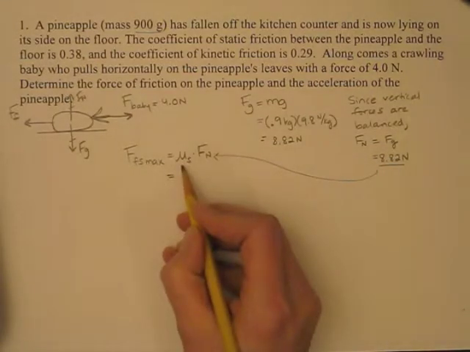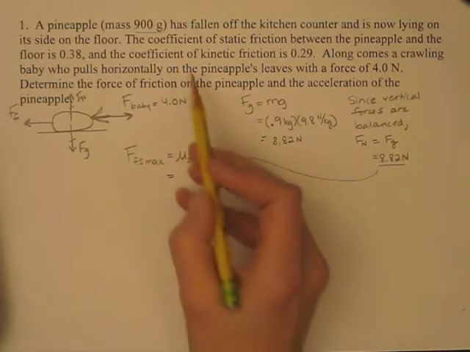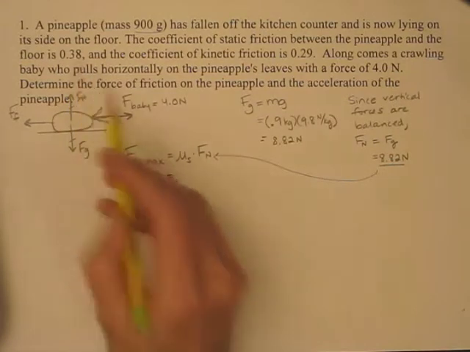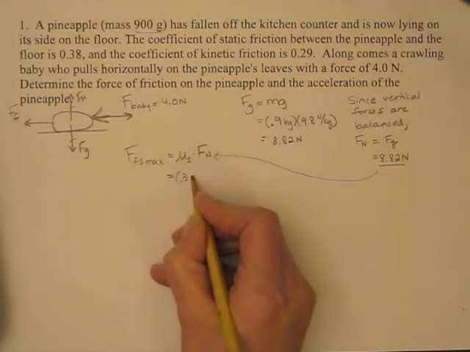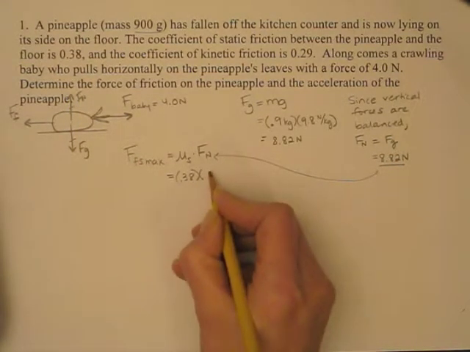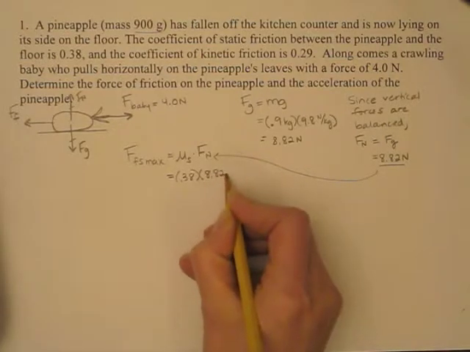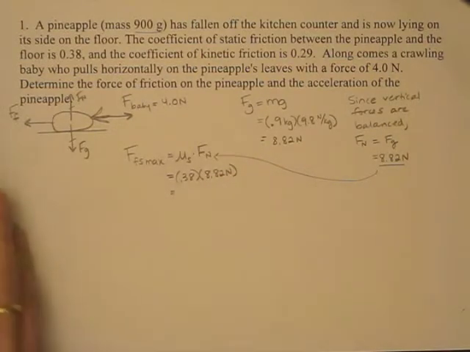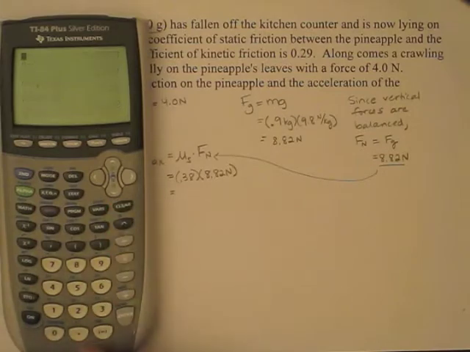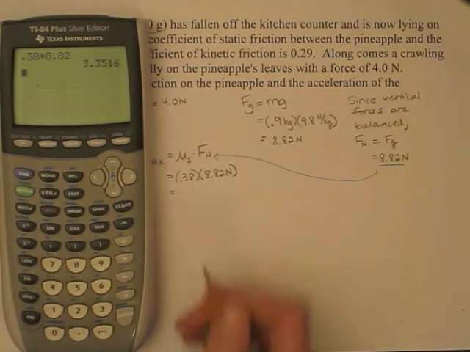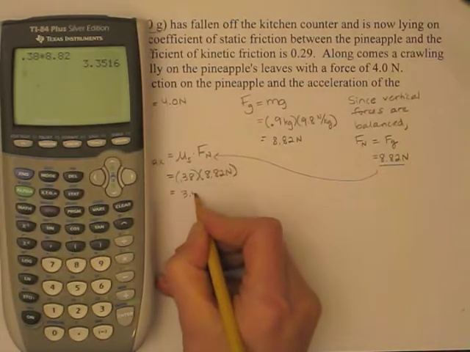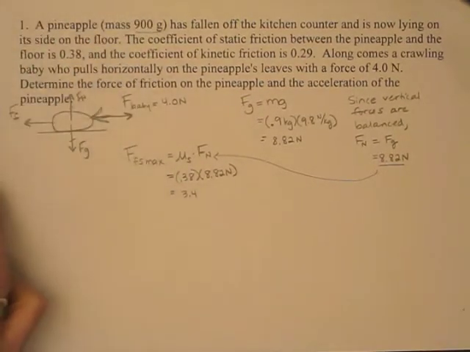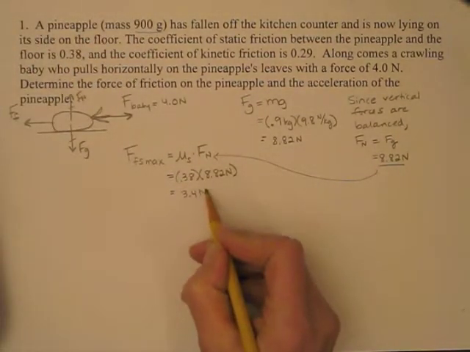So I need the coefficient of static friction, which is 0.38 times the normal force, which I just found. And calculating that, we have 0.38 times 8.82, which is 3.4 newtons.